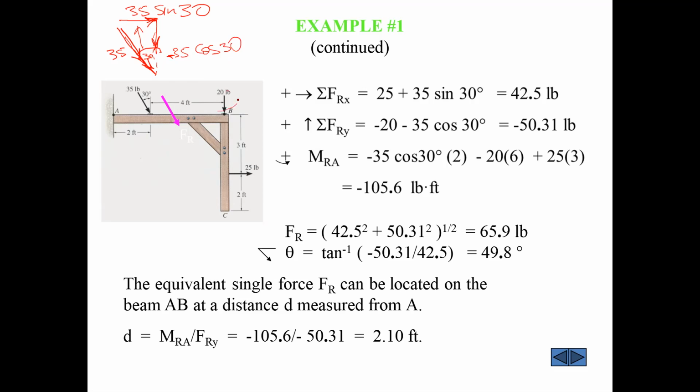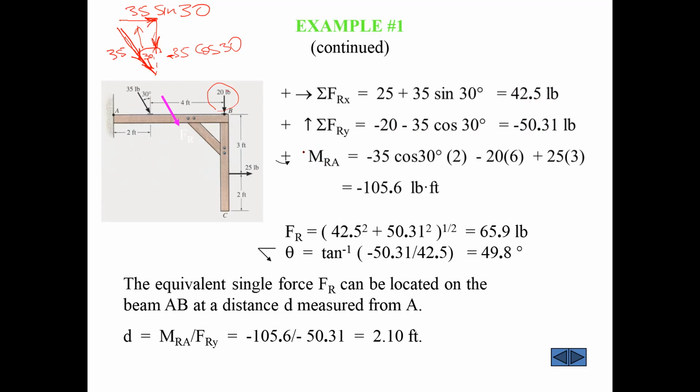The next one we have is this guy here. So it's minus coming down also, and this one. So they give us 42.5 pound force for the resultant for the x. And this one is minus 50.31 pound.